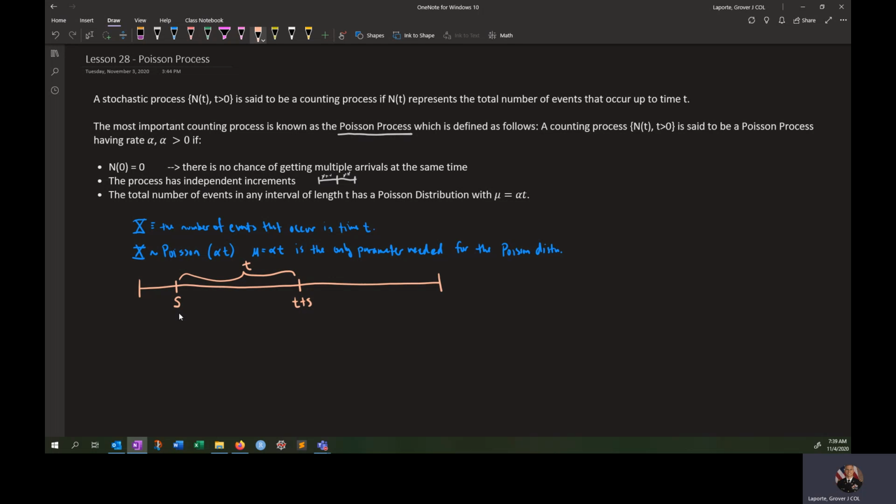So t plus s minus s, obviously, would be length t. So we want to say that the probability that N of s plus t minus N of s is equal to x. So the probability that the number of events equals x.